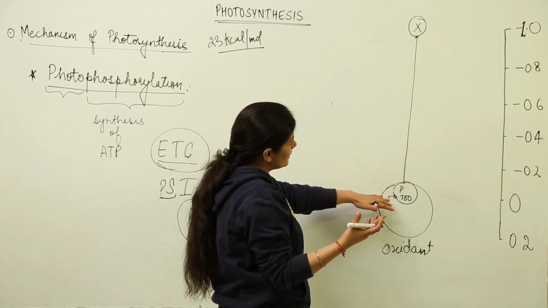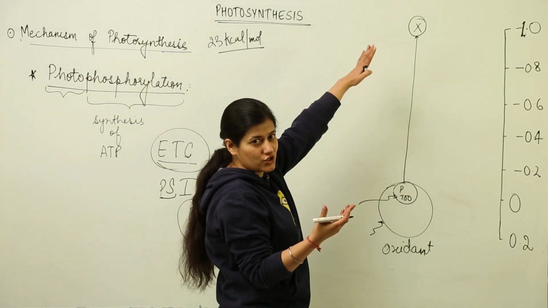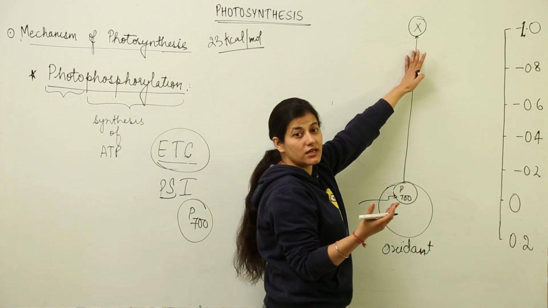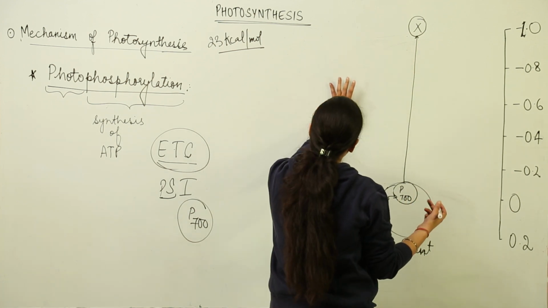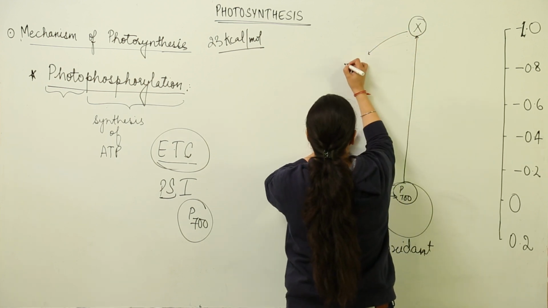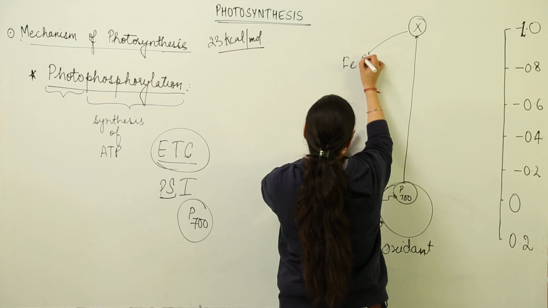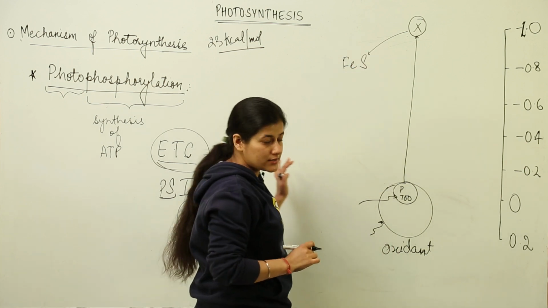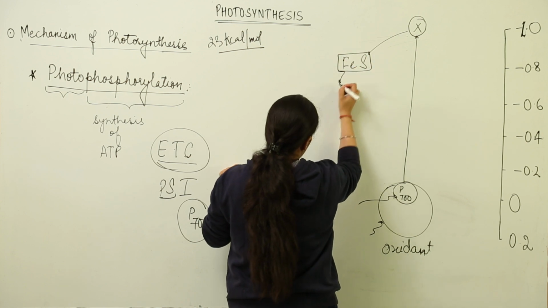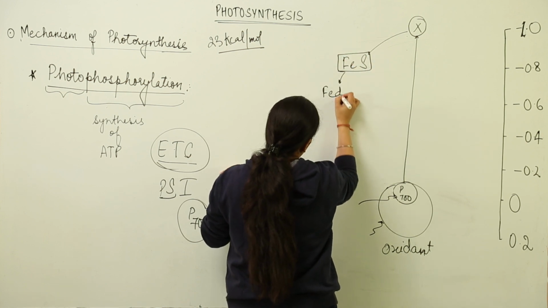Same way, this electron jumps and goes to agent X, which is a special type of chlorophyll molecule. This agent X starts behaving like a strong reducing agent and passes on the electron to the next, that is the FeS complex. This FeS complex passes on the electron to the next complex, that is Ferredoxin.